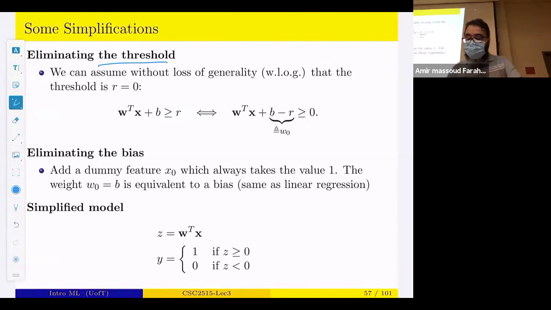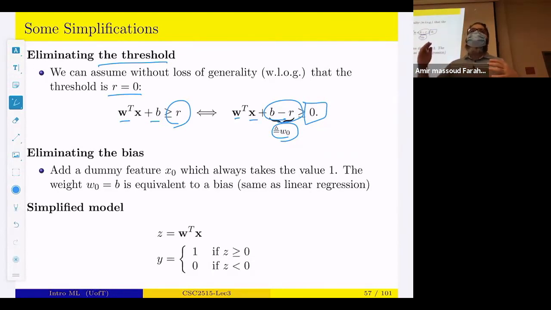We assume, without loss of generality, that the threshold is equal to 0. So the condition W transpose X plus B being larger than the threshold, we just write it as W transpose X plus B minus the threshold, and consider this whole value as the bias. So this is one parameter that we have to learn. But then the threshold becomes 0, and we are saying that when the linear model predicts something positive, then the class is positive. If it is negative, the class would be negative.